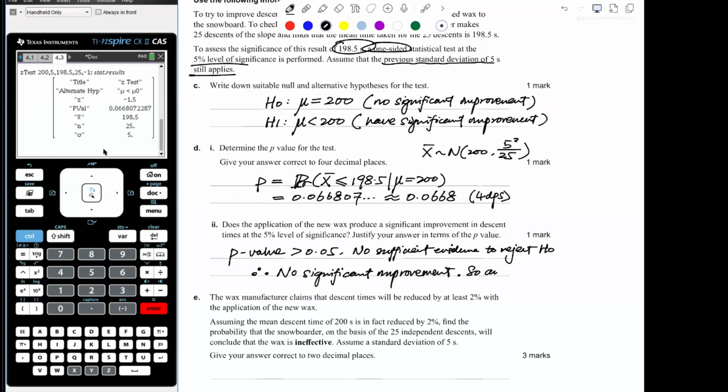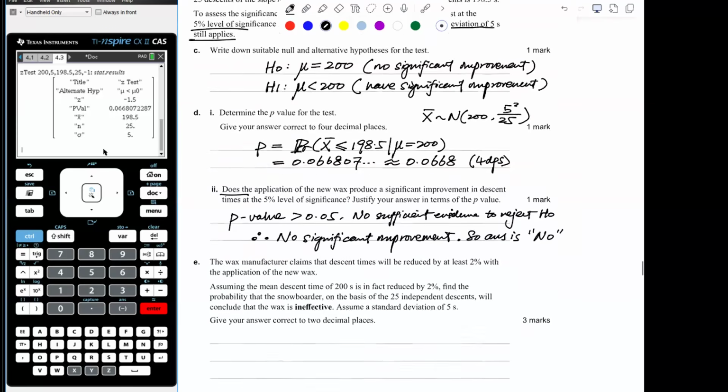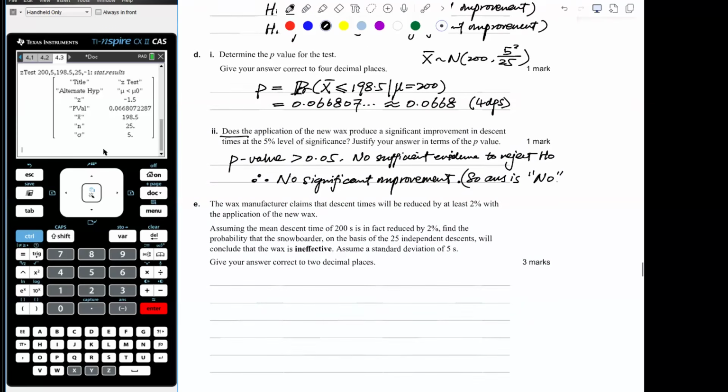So the answer is no, it doesn't. Okay? So you need to address the question more than just say reject H naught or don't reject H naught, because this time they actually ask you a yes or no question. And you have to link this back to the meaning of H naught and H1.